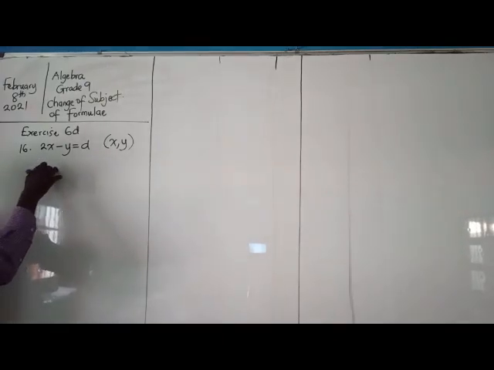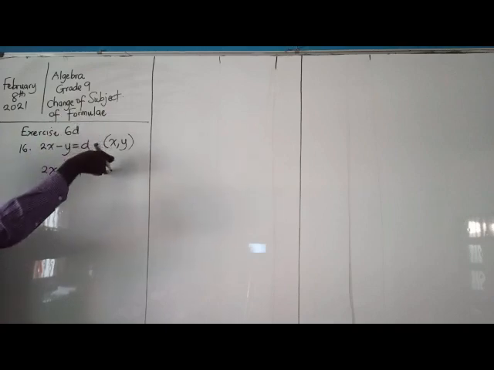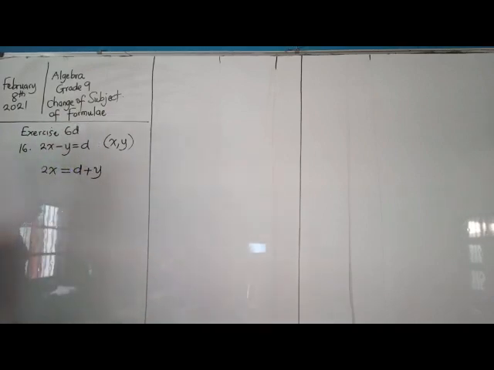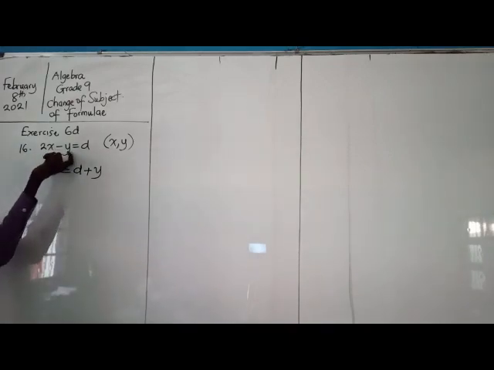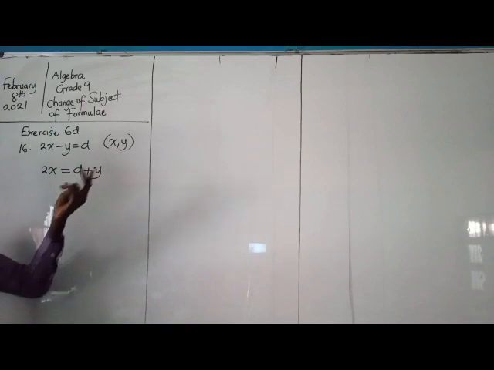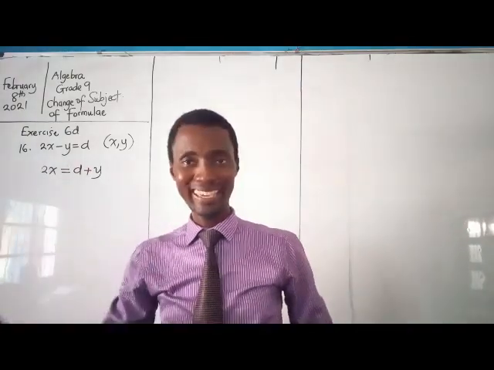It will be 2x equal to d, and then I will add the additive inverse to the other side, and that will be d plus y. If y were negative on the left hand side, across the equality it becomes what? Positive. Last week we were using the concept of servant and what? King.